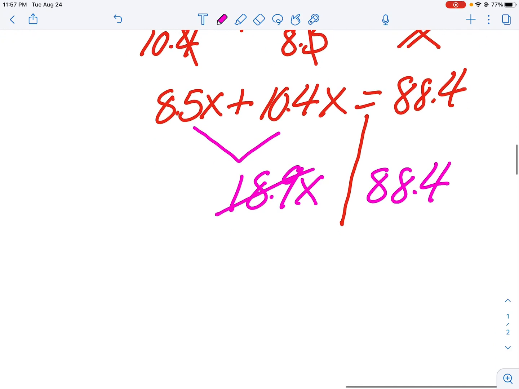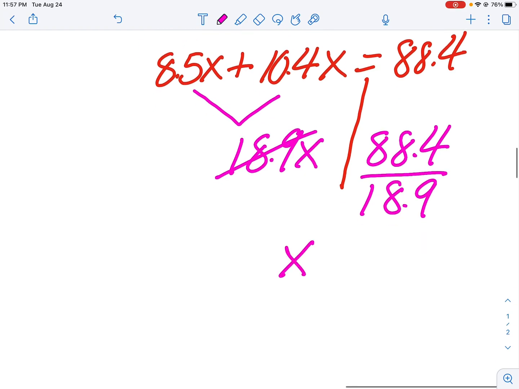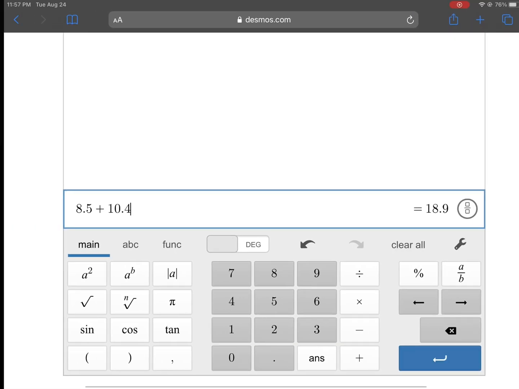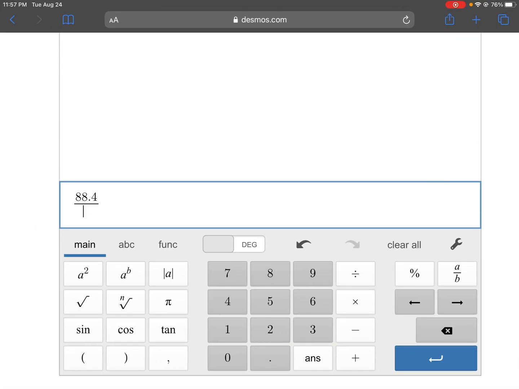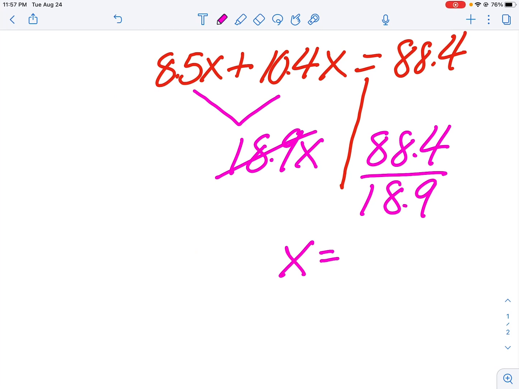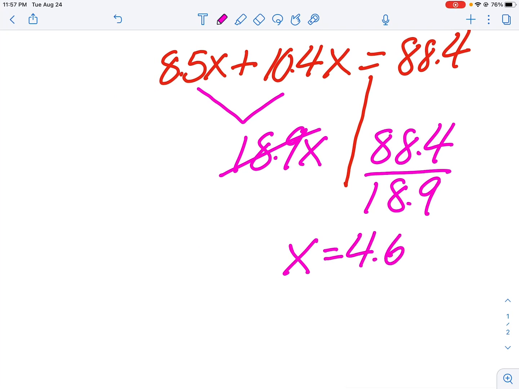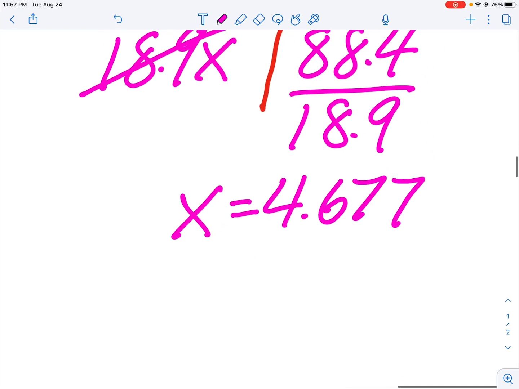The opposite of multiplying by 18.9 is dividing by 18.9. And we get x is equal to 88.4 divided by 18.9, which is 4.677.